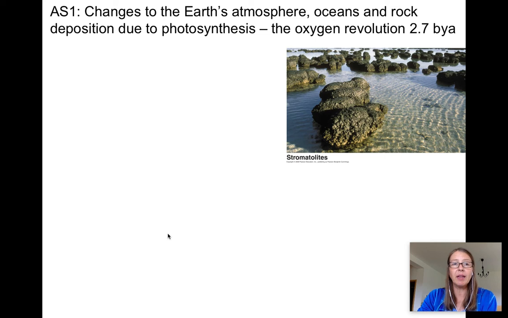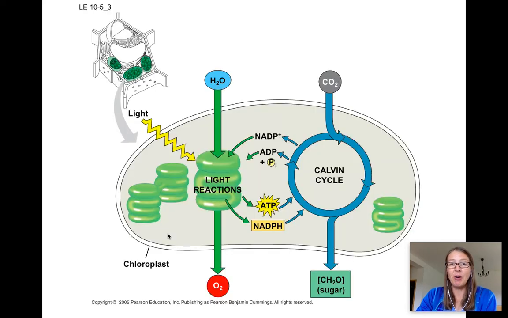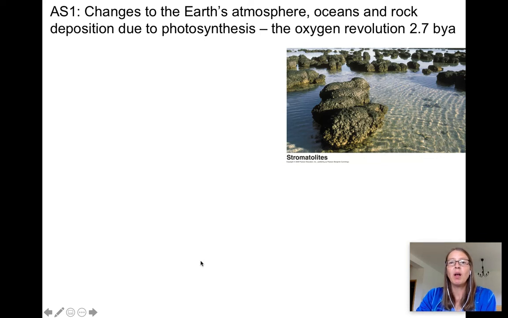Okay, and then the last thing I wanted to mention is that there wasn't always a whole bunch of oxygen on the planet. And we know oxygen's a big byproduct of photosynthesis. Well, about 2.7 billion years ago was the oxygen revolution.